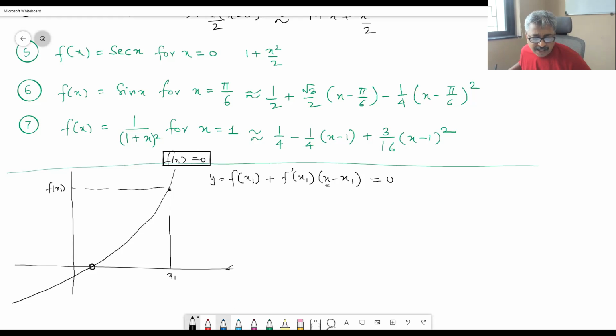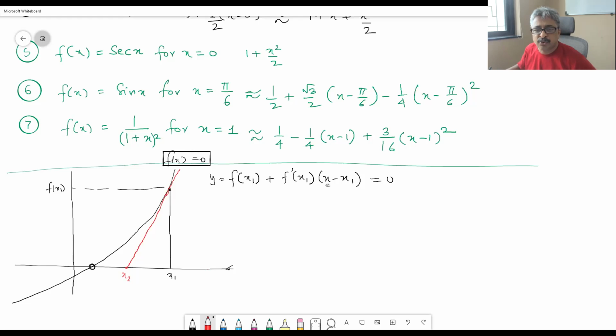This is the tangent at this point. This equation is a linear approximation. It is not the function. The function is something different. It is a curve, but this is a linear approximation. Therefore, it is a straight line, and therefore it is a tangent. And then if you solve this tangent simultaneously with the x-axis, you will get this point, the x coordinate.